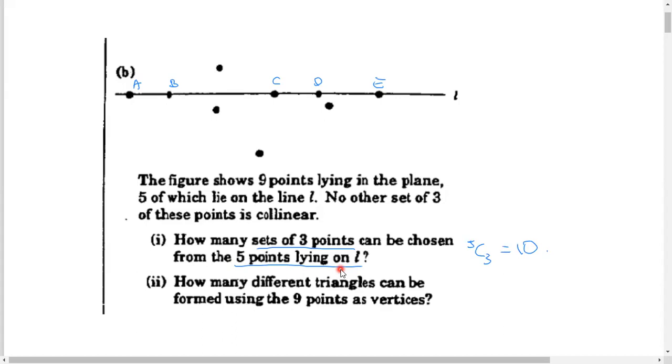But much more difficult is the second question, where they're asking how many different triangles can be formed from the 9 points as vertices, which means you have 9 points and you want to see how many triangles you can draw. Now, the question is not difficult as long as you approach it the right way.